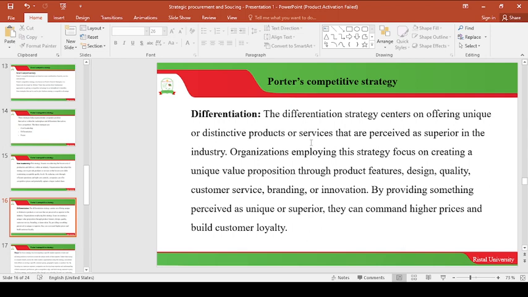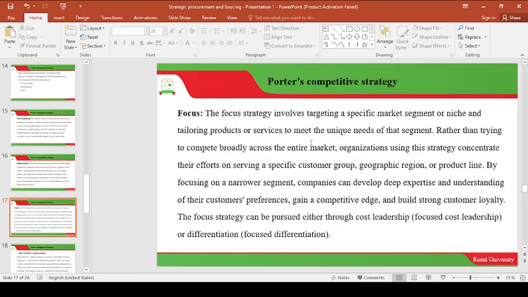The design, for example, the iPhone, is very small and portable. Their features, the cameras, the speed, its branding, the label. So this makes it a unique product in the market and it differentiates itself from others.